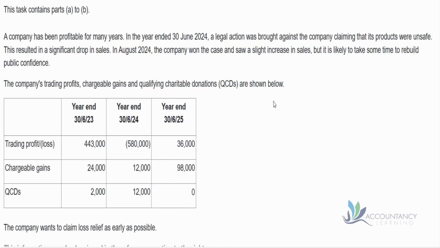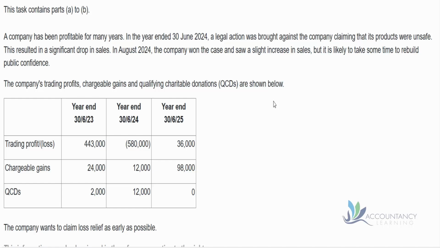Then just below that, here's the key part. The company wants to claim loss relief as early as possible. Now that's a significant statement because in the HMRC guidance, there are two things that we can do. We can carry back losses or carry forward losses. And what we're going to do will depend really on what we want to achieve.